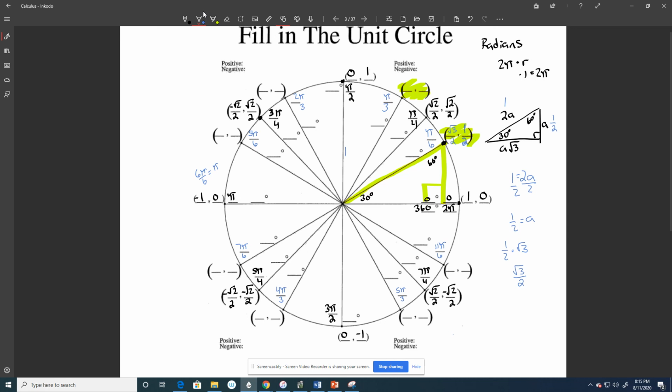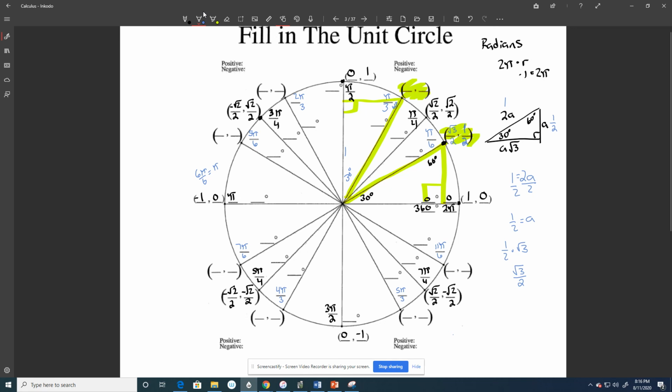Now what's nice about that is from there, I don't have to do any more math. I can find all of these other coordinates by manipulating this one right here. And the reason I can do that is because if I look at this triangle, this one, I don't know this one yet, but if I do what I did the first time, now this is 30 degrees, and this up here is my 60 degrees.